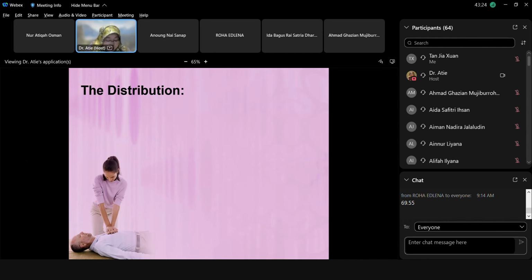So let's go to page 101. Assumptions: the assumption for the dependent, paired, or matched sample. The first one is that the sample should be normally distributed. This one is the assumption.